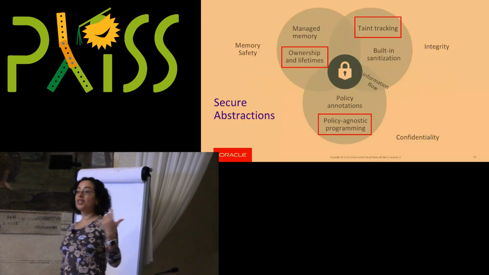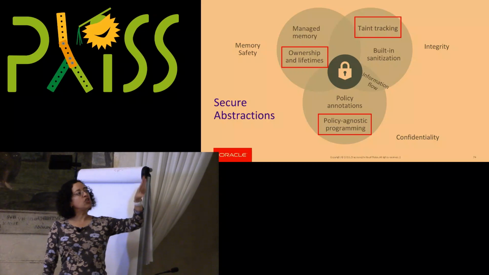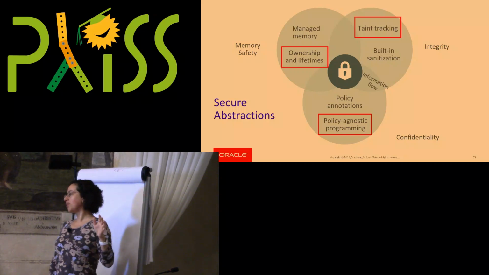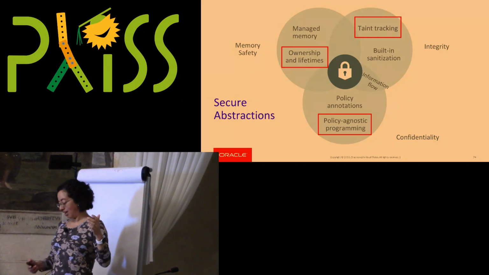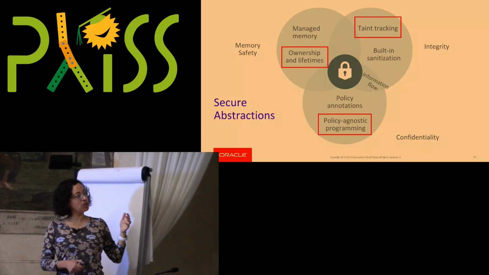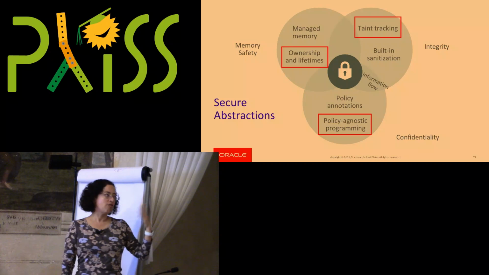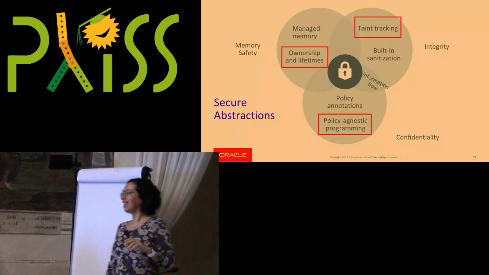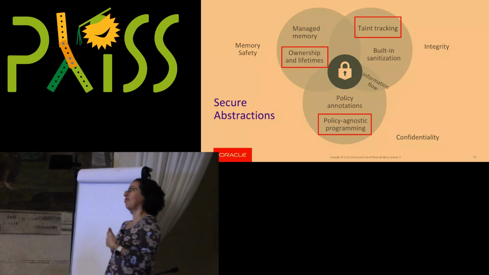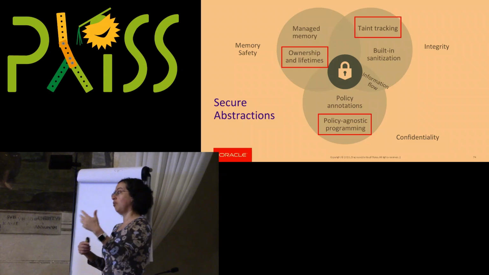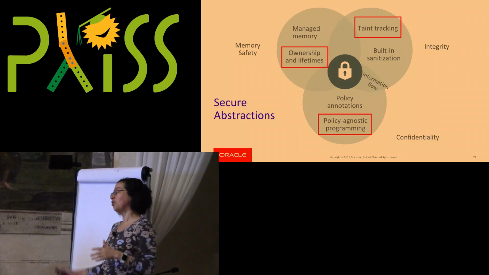In today's talk, I've mentioned 6 different types of abstractions. I briefly also mentioned in passing information flow, so there's 7. I focused on 3 of them. That doesn't mean that the 3 I focused on are the only abstractions that one should be using.